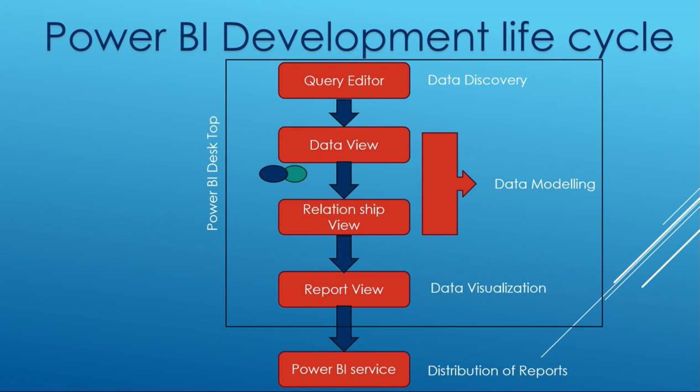That happens in the data visualization stage. After developing our report, we need to share that report with all users or all people. It happens in the distribution of report stage.